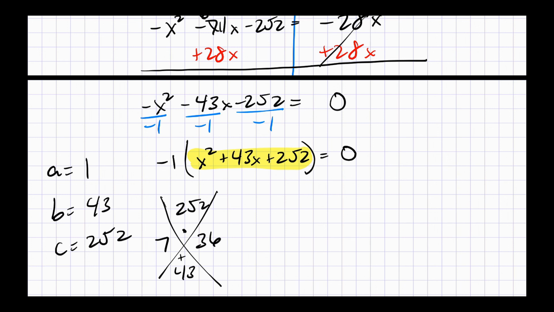I just used my calculator to find that. I divided it by 4, divided by 6, divided by 7, divided by 12 until I got an answer that I wanted. So x plus 7, x plus 36. You're going to get two answers.